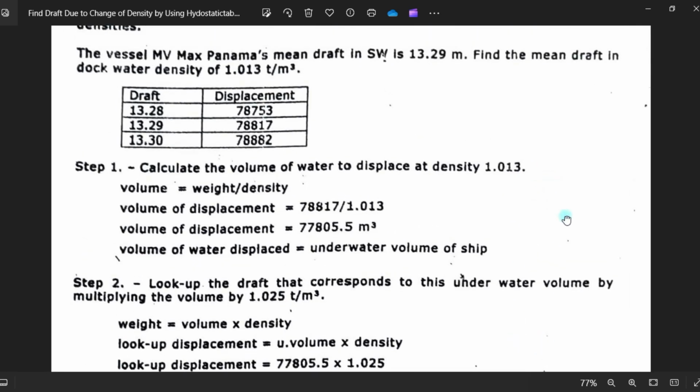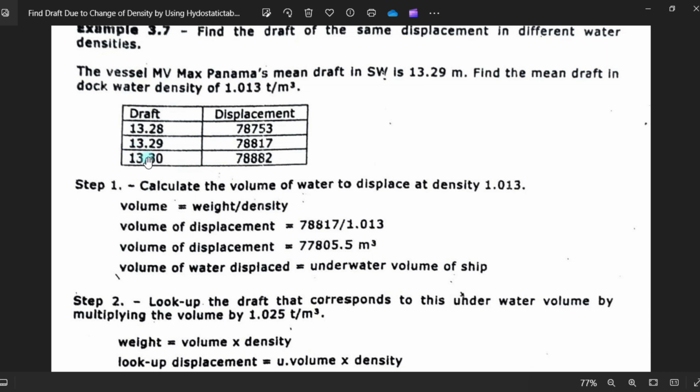Okay, so we'll just investigate, guys. The present draft is 13.29 with this displacement. So we'll use the program.